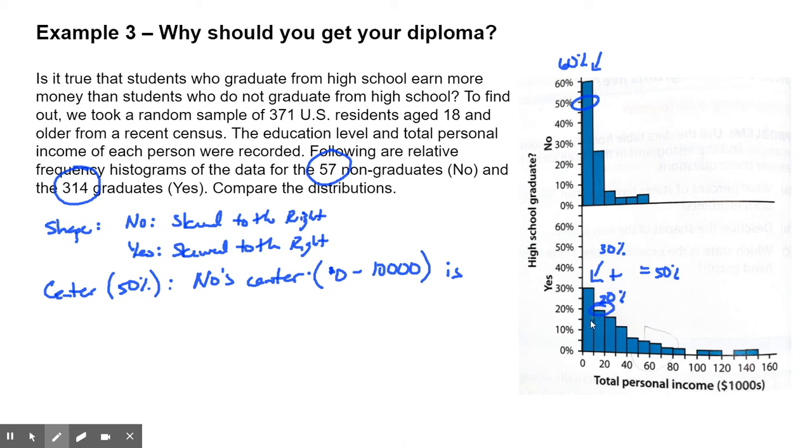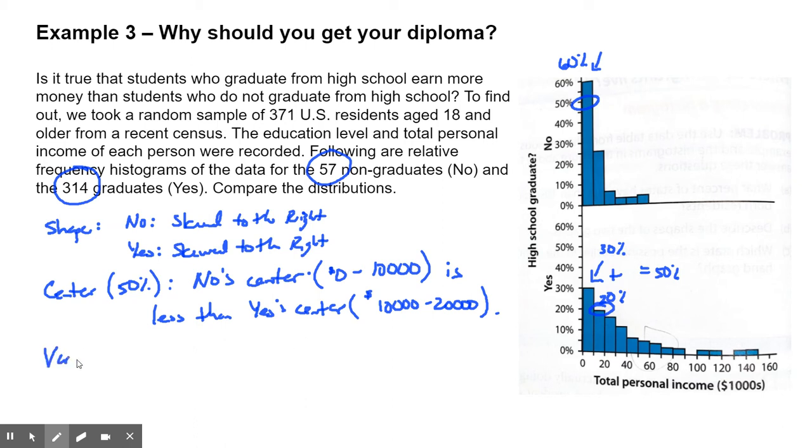So therefore, the yeses center is higher, which means the no's center is less than the yeses center. And again, the yeses center is the next interval up, between 10,000 and 20,000. And like I said, if you wanted to use between 20 and 30, that'd be okay as well.